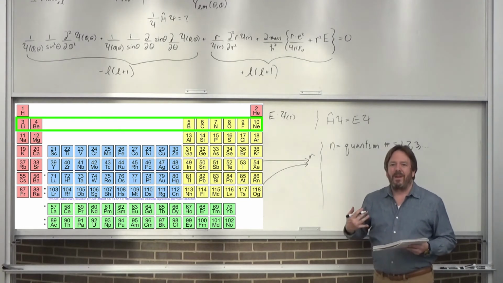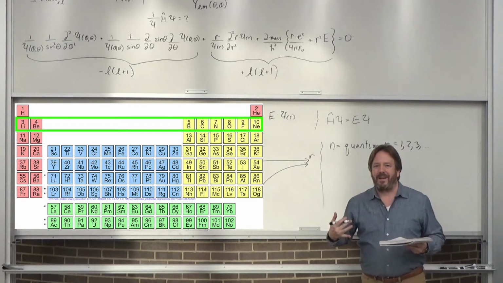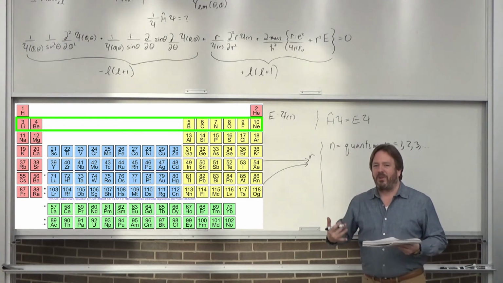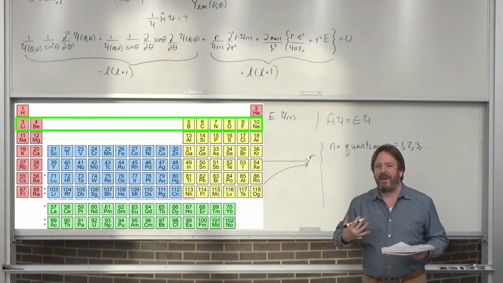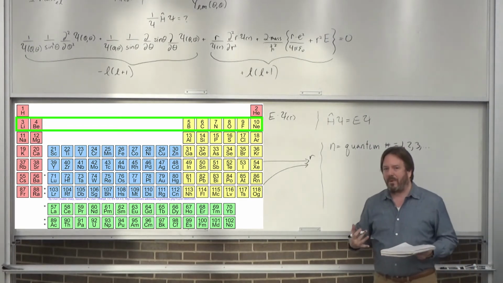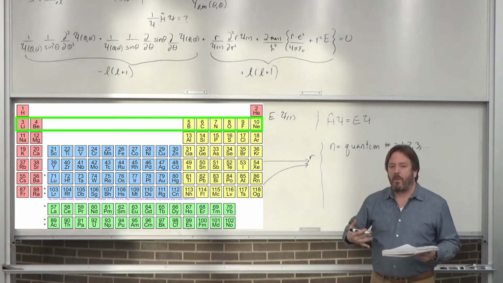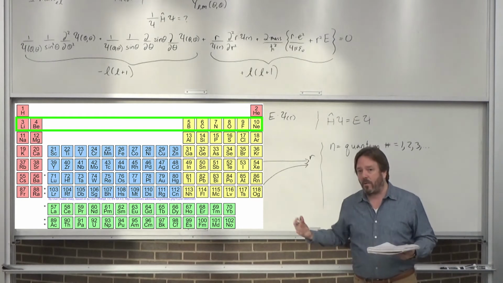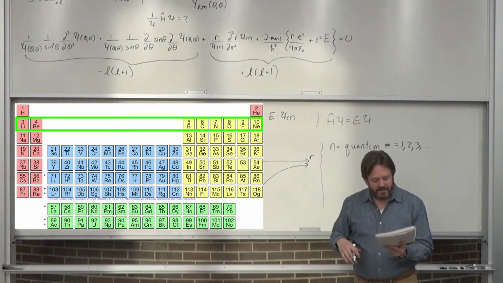So what's happening is you get second row elements because you start filling up 2s and 2p orbitals. That's the n quantum number, 1s, 2s, n is 1, n is 2, often called the principal quantum number. Only when you get heavier elements do those orbitals get filled up, and that's how they conform to the periodic table. We'll talk a little bit more about that in a little bit.